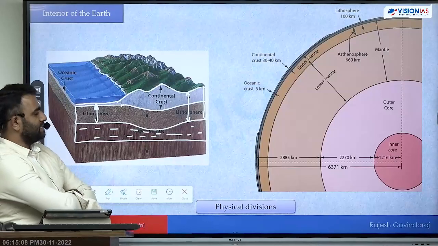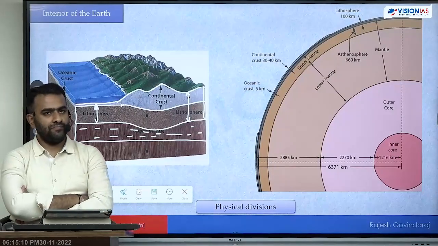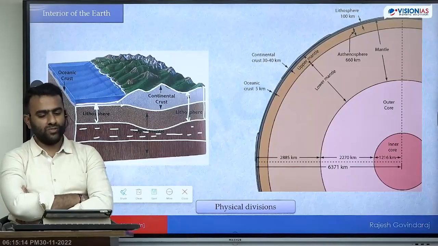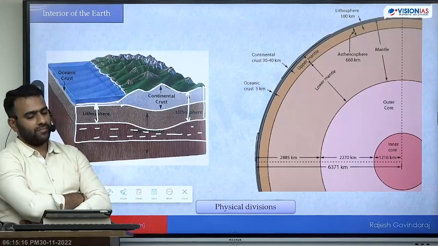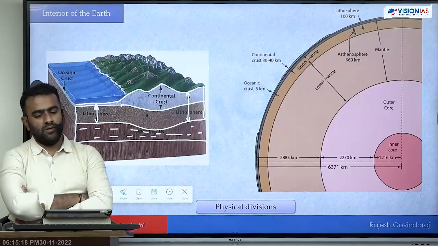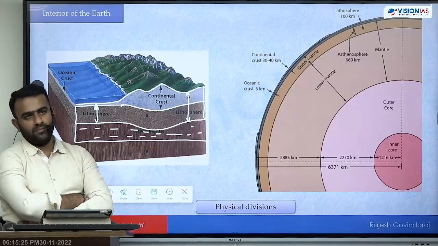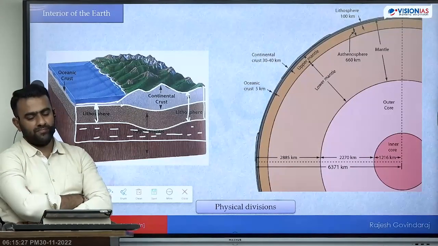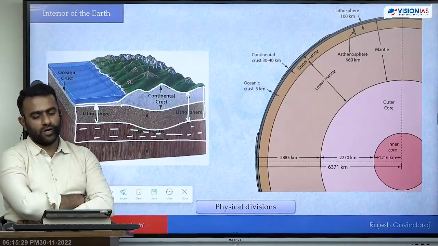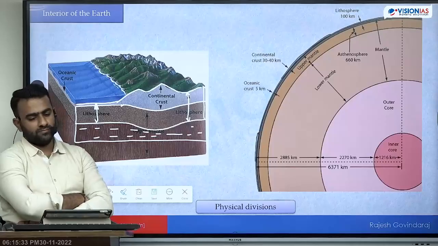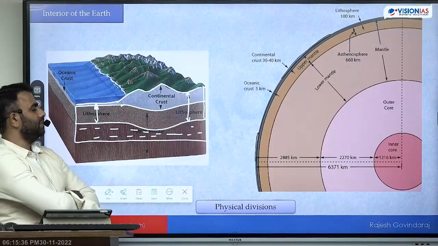Second, asthenosphere. It extends between 100 to 400 kilometers.